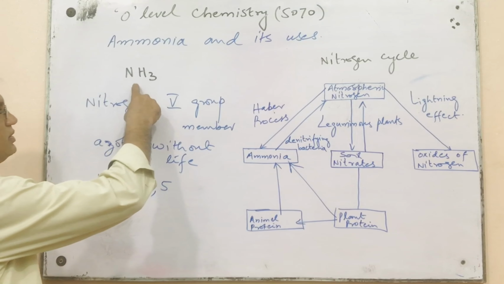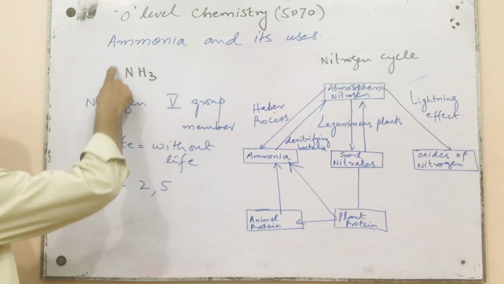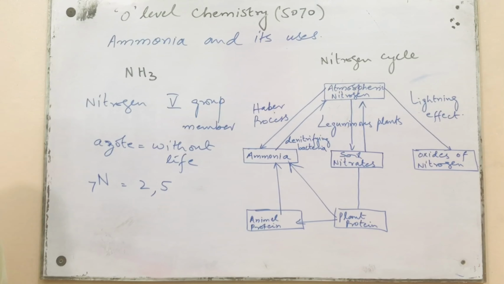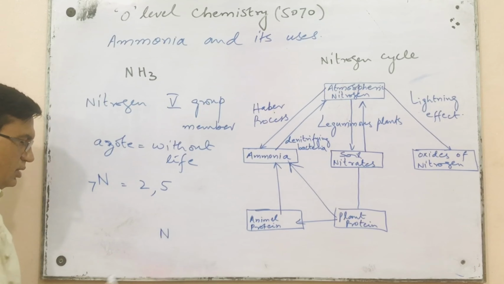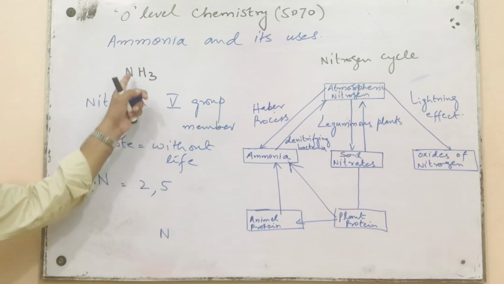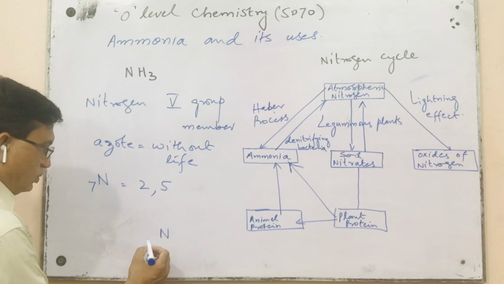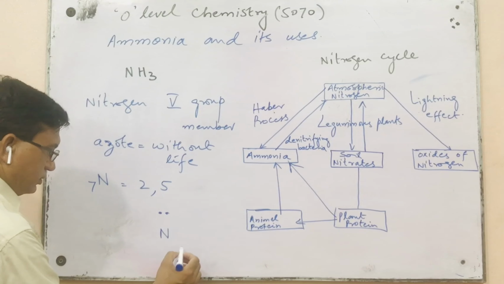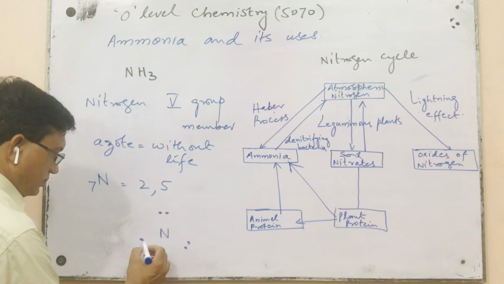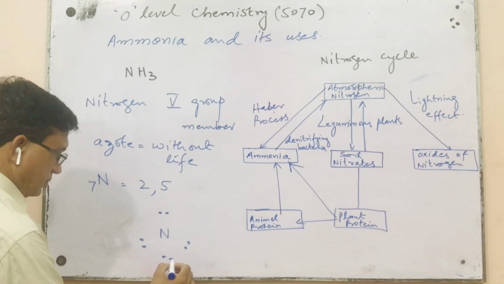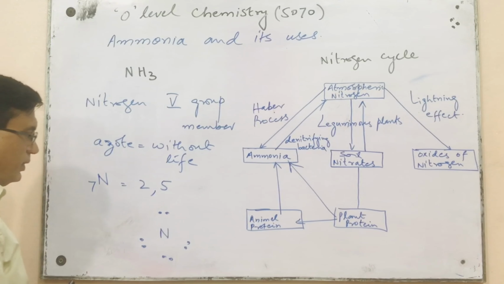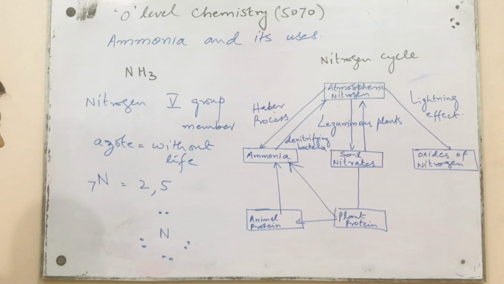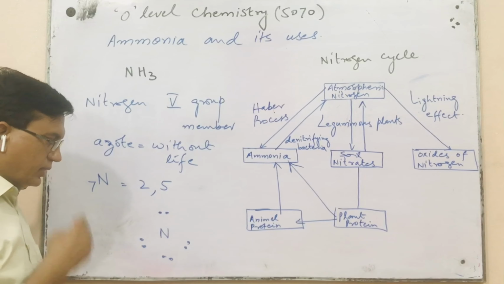If we discuss the geometry of the ammonia molecule, there are 4 pairs of electrons around nitrogen. Out of these 4 pairs of electrons, 3 are bond pairs and 1 is a lone pair.